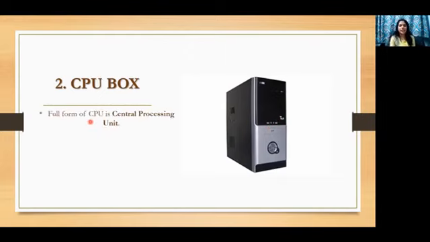Okay, see this? The full form of CPU is Central Processing Unit. This you have to study. It's very important. What is the full form of CPU? Okay, this is the CPU box. And the full form of CPU is Central Processing Unit.